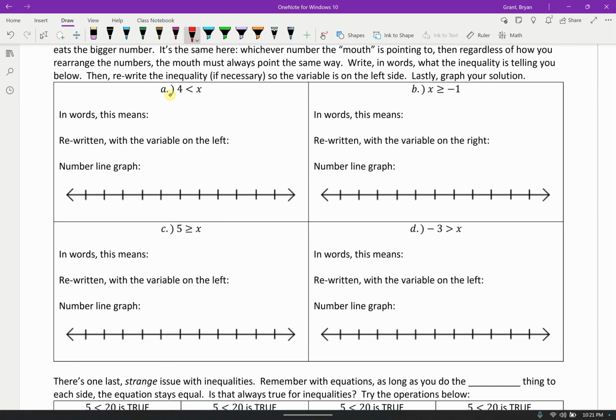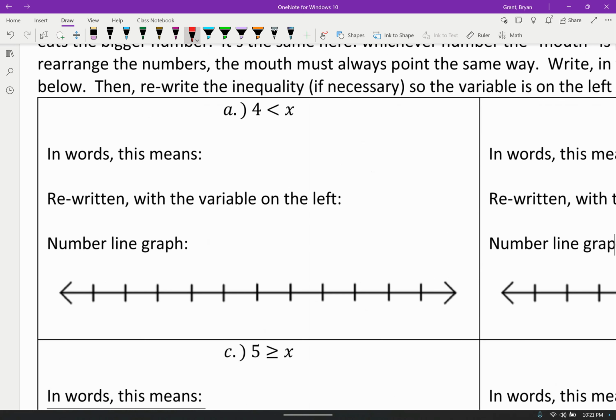It's going to ask you on A, B, C, and D to go through and first explain in words what they mean. So for example, in A, in words, this means 4 is less than x, when you're comparing. Then they're going to ask us to switch the order just for practice.